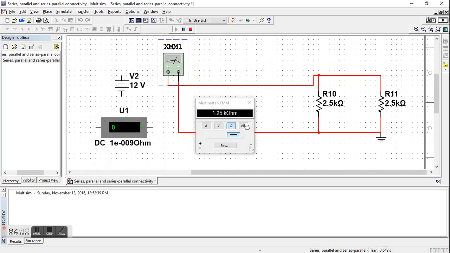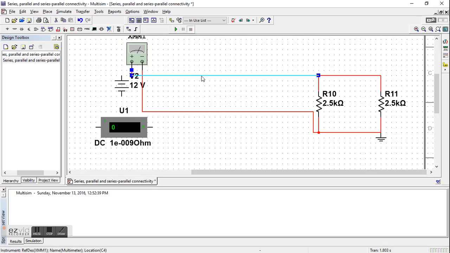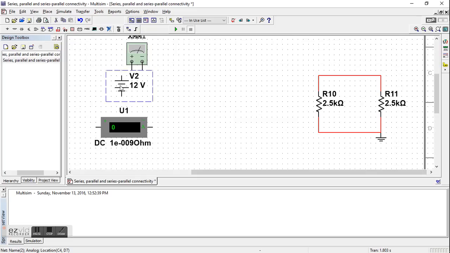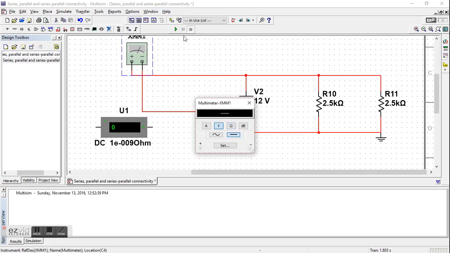It shows 1.25 kilo ohms. Then for the total voltage, now we need a DC power source, and connect each terminal to the circuit, positive side, negative side, then run the circuit. It shows 12 volts.